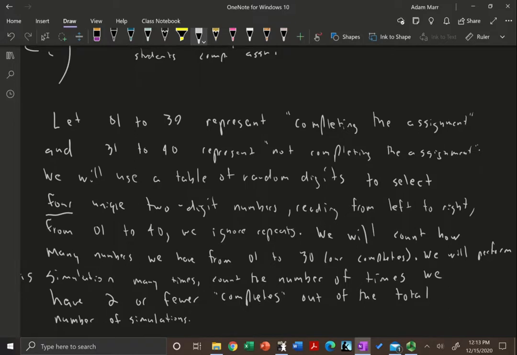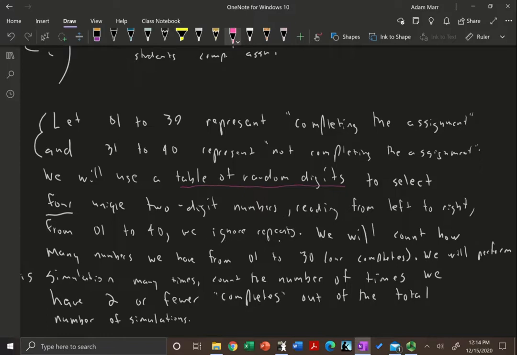Okay? So notice how I did this. I did the labeling part right here. That was what 01 to 30 and 31 to 40 represent, right? Then I did our random device part right here. We're going to use a table of random digits. That's our device. And we're going to select 4 unique 2-digit numbers reading from left to right, from 1 to 40.